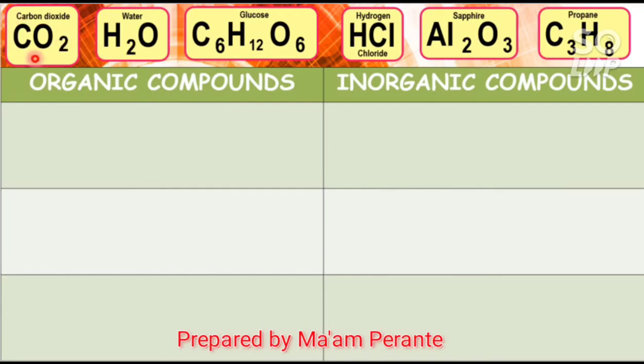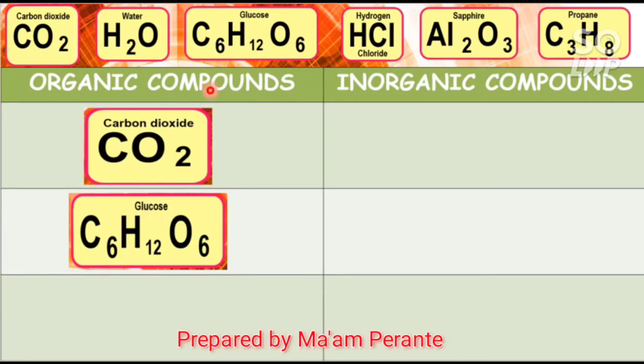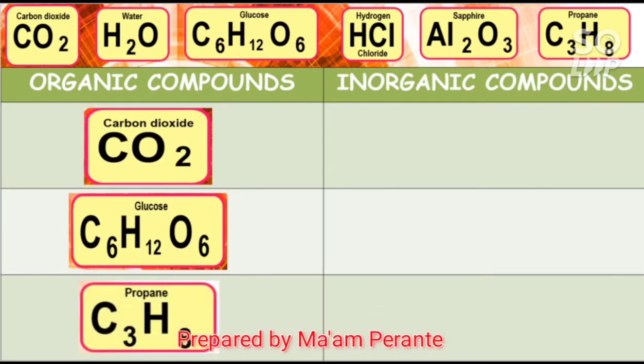For example, carbon dioxide. Can you see a carbon here? Obviously, carbon dioxide, meaning there is a carbon. So that is an organic compound. How about the next? Glucose, C6H12O6. You can find here the carbon element. So that is organic. And we have the C3H8 or the propane.